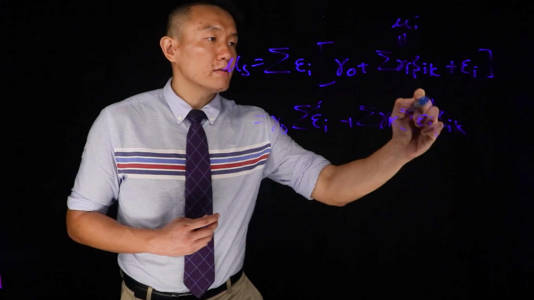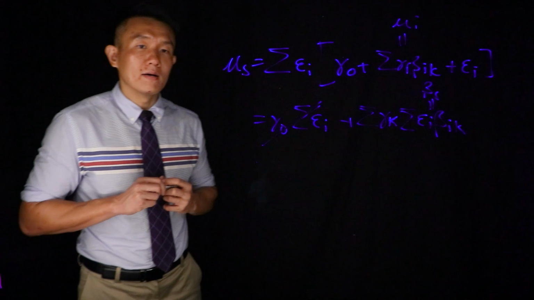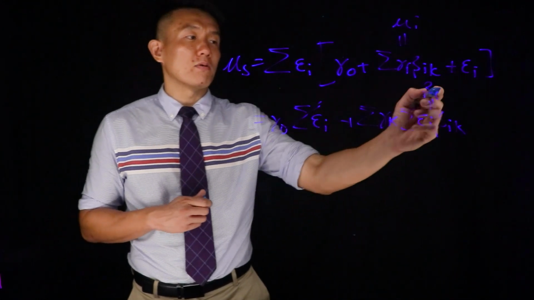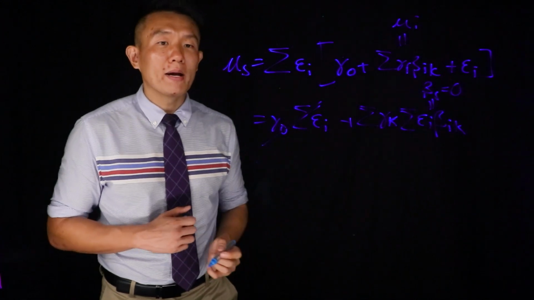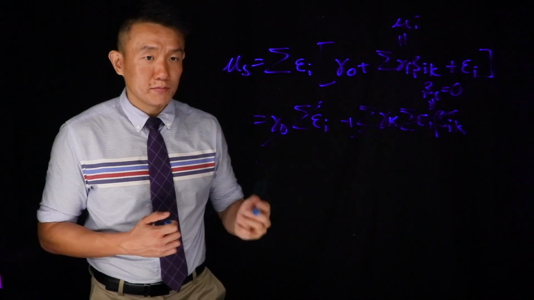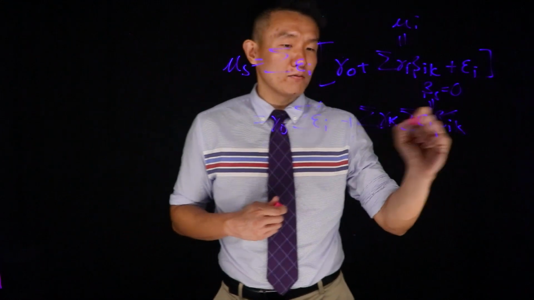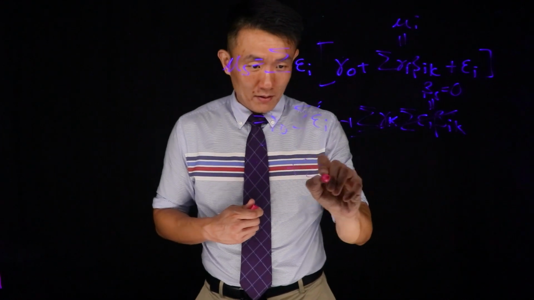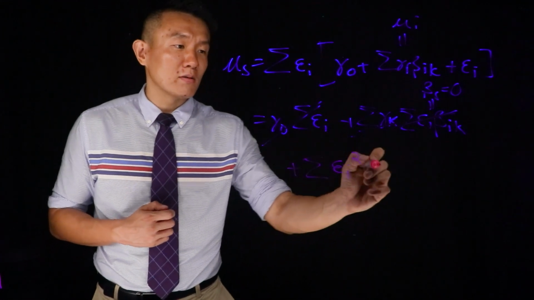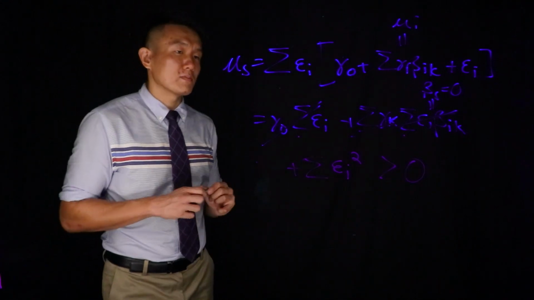Well, this is equal to the portfolio beta, but because we chose the portfolio weights to equal these errors, our portfolio has 0 beta for each of the risk factors, so these terms all go to 0. So finally, all we're left with is this last term that's just the sum of squared errors. Well, this term is always going to be positive. So if these two terms are zero, this term is positive.